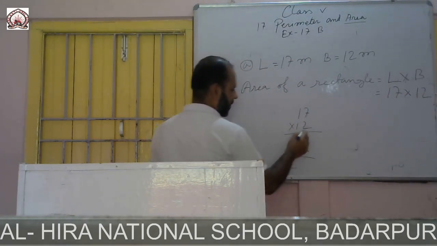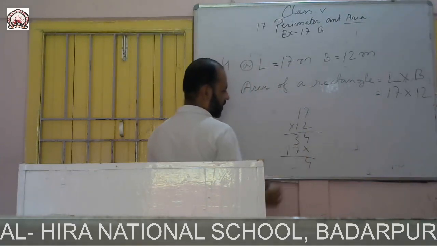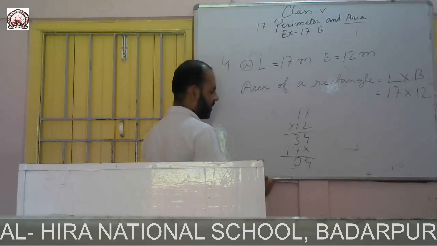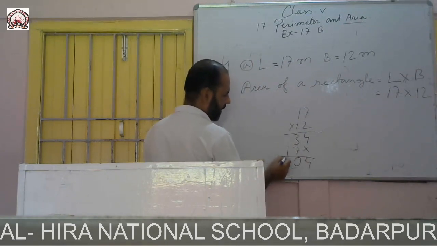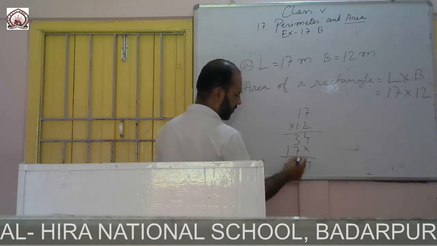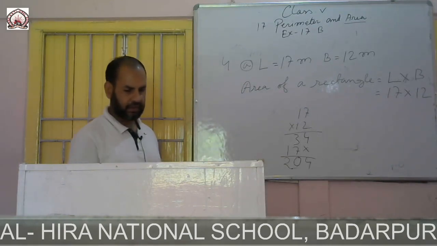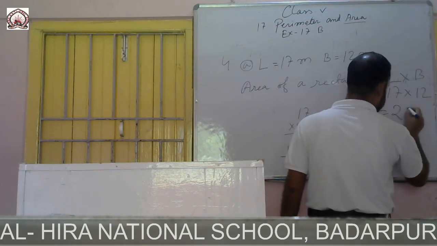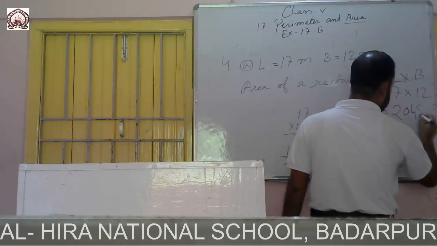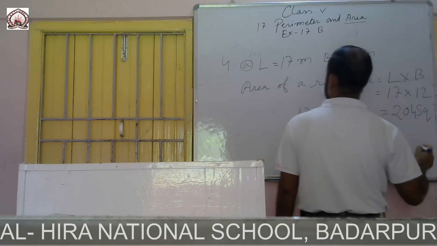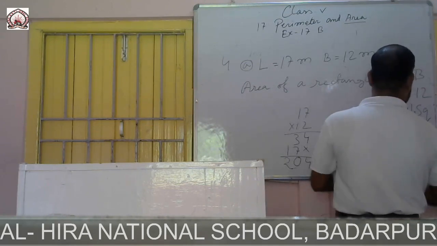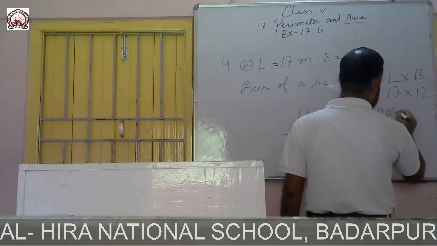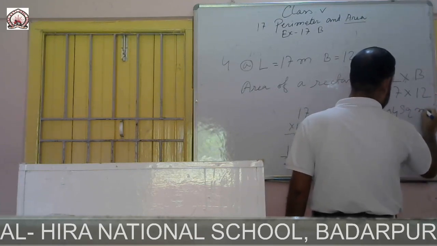So here 4, 3 plus 7 is equal to 10, 0 and 1 in my hand, and 1 plus 1 is equal to 2. 204. Answer is 204 square meter.